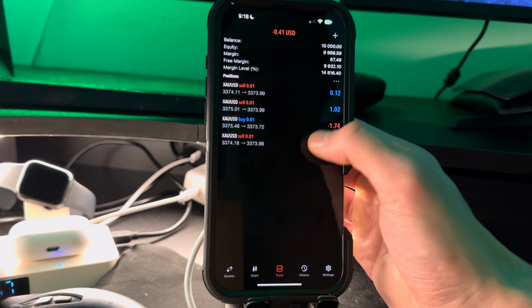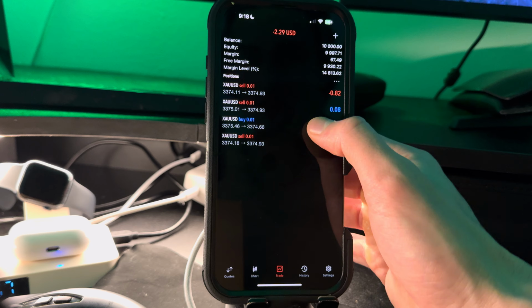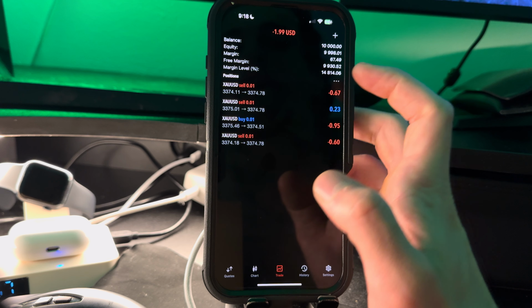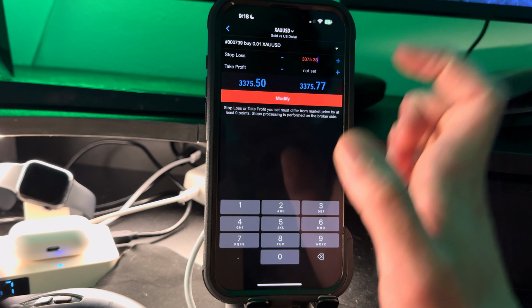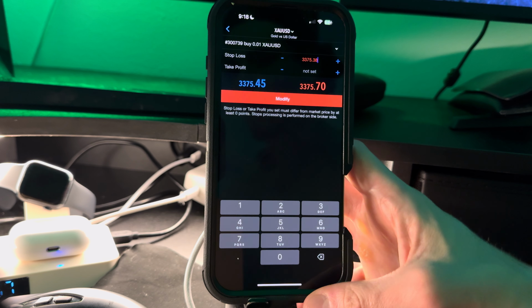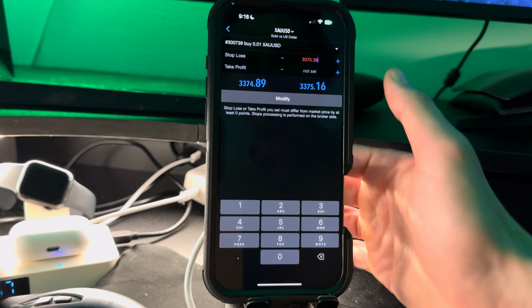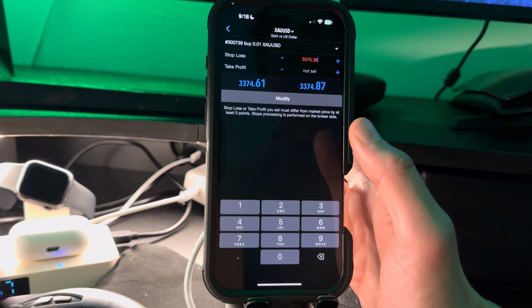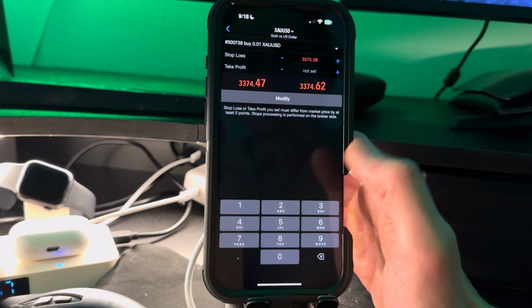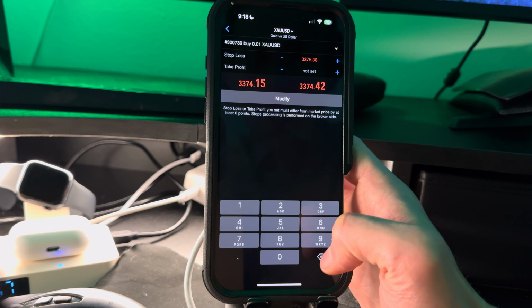You have to modify these, because if you do not, and something happens and the market goes berserk, you could blow your entire account. You could also make tens if not hundreds of thousands of dollars, but you could blow your entire account too.